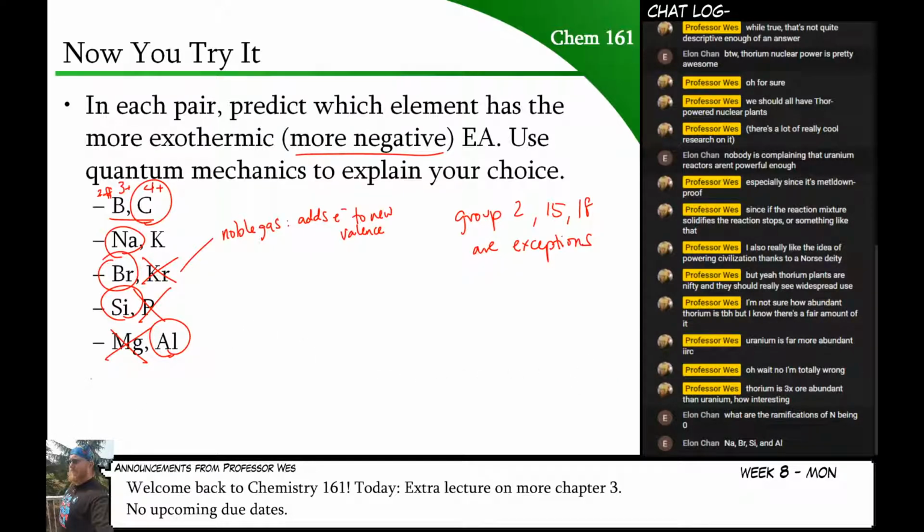For phosphorus here, my electrons pair in the p orbital for the first time.